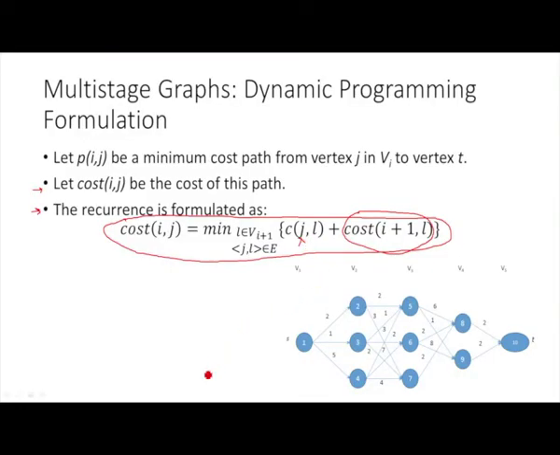So let's suppose the node that we have selected, j is 3 and I is 2, meaning the second stage, vertex number 3. We are there, and we need to choose whether we will select node number 5 in the next stage, or node number 6 in the next stage, or node number 7 in the next stage. So we need to make a decision.